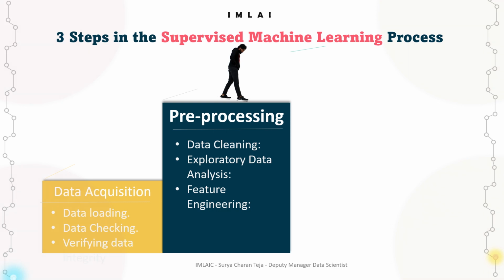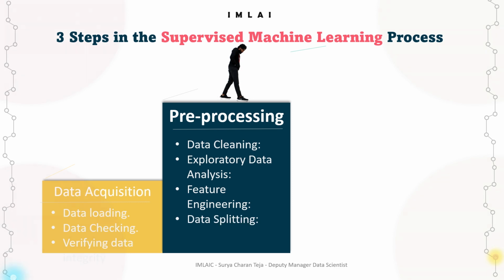Anyway, feature engineering specifically talks about feature selection and feature extraction, and the techniques and tools that we have to use in feature engineering we are going to discuss in our forthcoming slides.